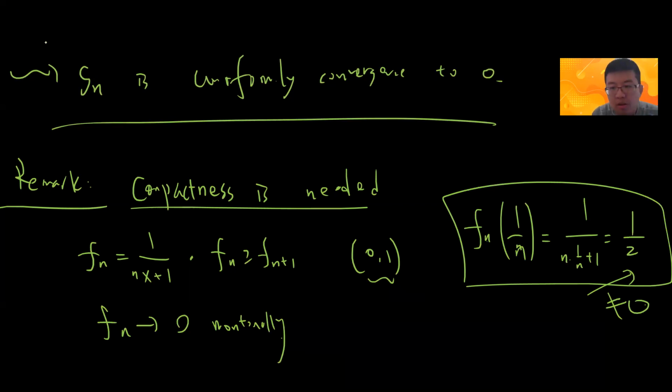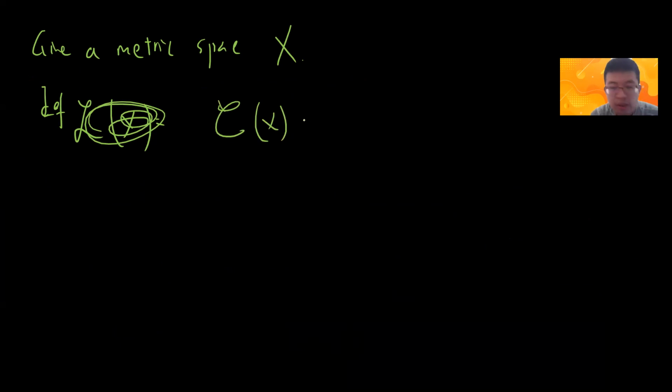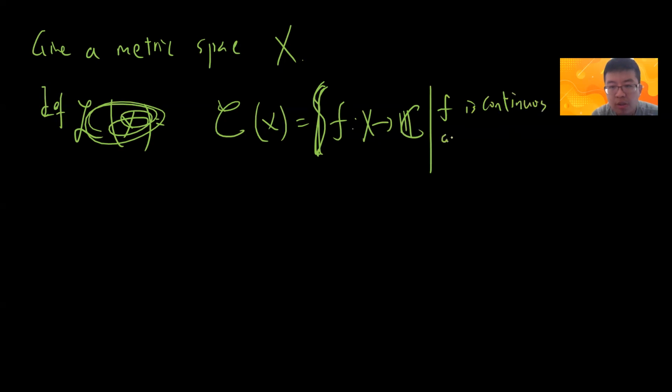Given a metric space X, I define L of X. L of X will denote all the complex-valued continuous bounded functions on the domain X, so all the functions from X to the complex numbers such that F is continuous and bounded.